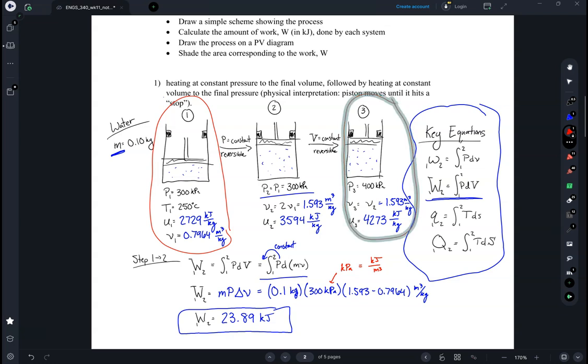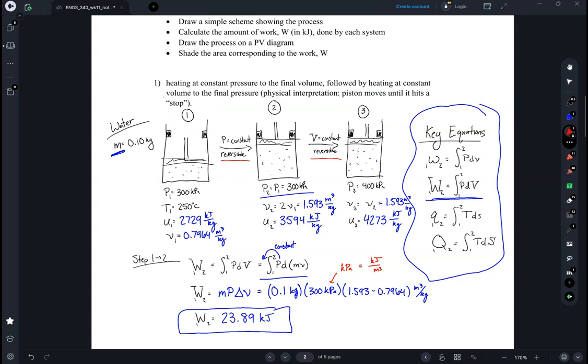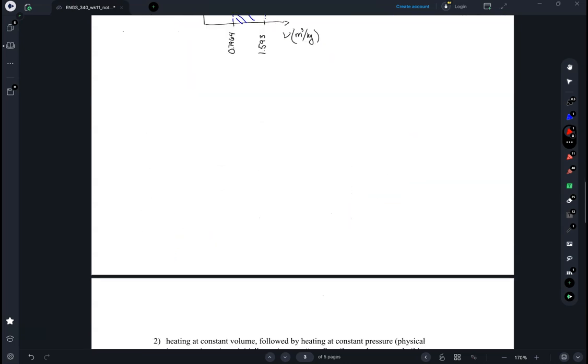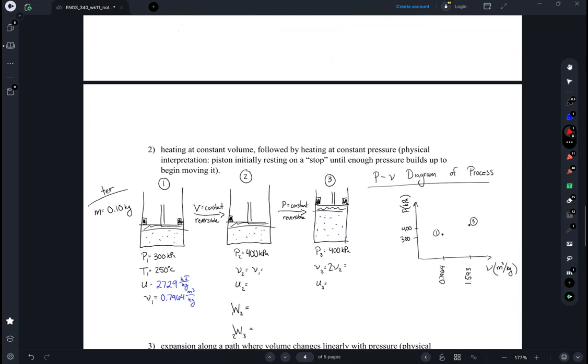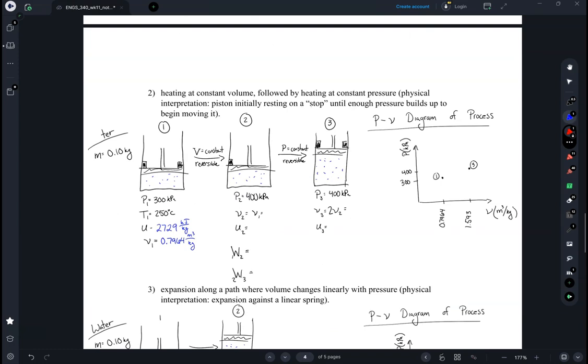This first pathway that we looked at in the last video, we're looking at first a constant pressure process, then a constant volume process. So if we flip to the next part, we're going to look at two different ways that we could go from this initial state to this final state. Lots and lots of different ways.